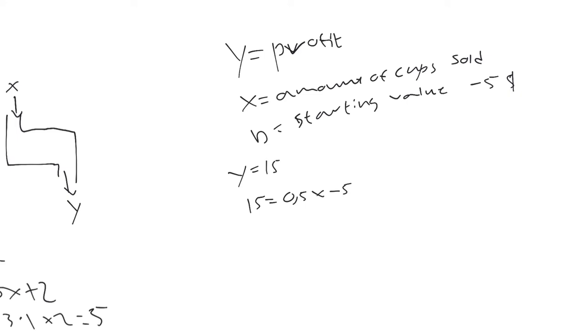And with some simple equation solving, we're going to get 20 equals 0.5x and x equals 40. And as I said, x is the amount of cups sold, so x equals 40. 40 is equal to the amount of cups sold. So just to earn $15, he needs to sell 40 cups.